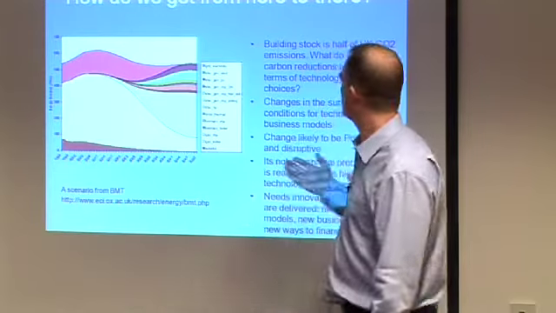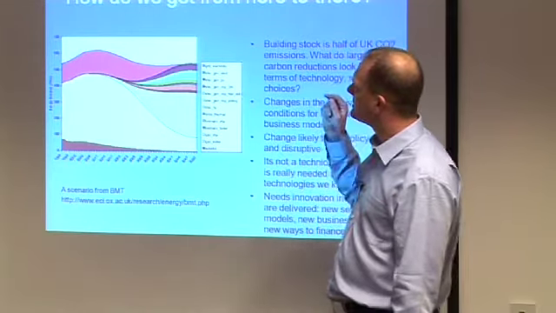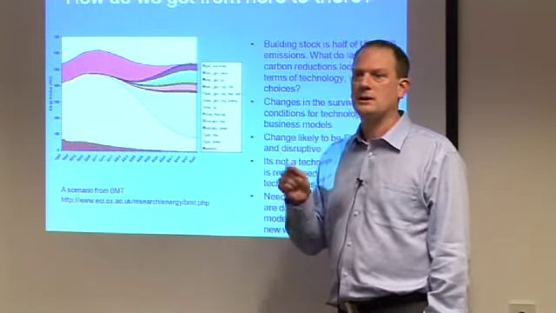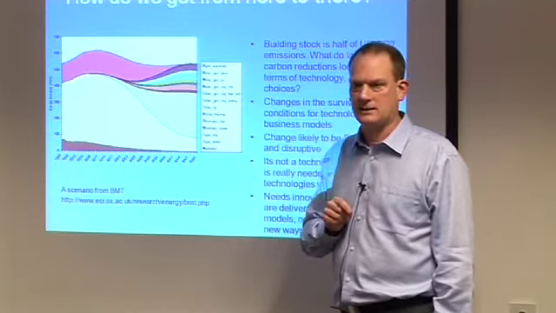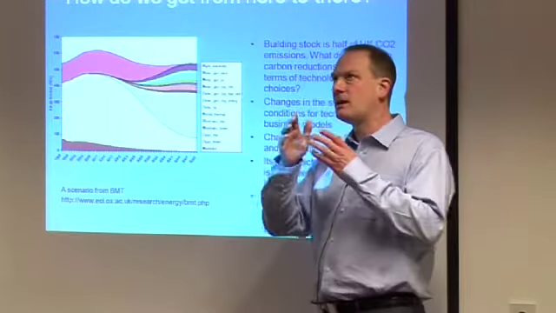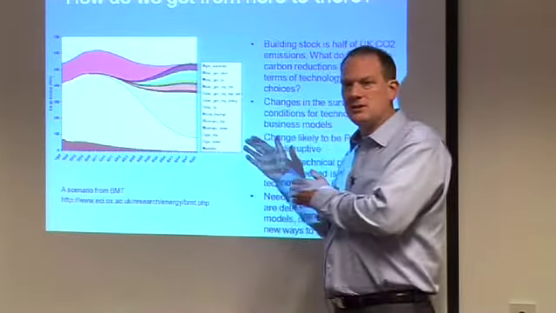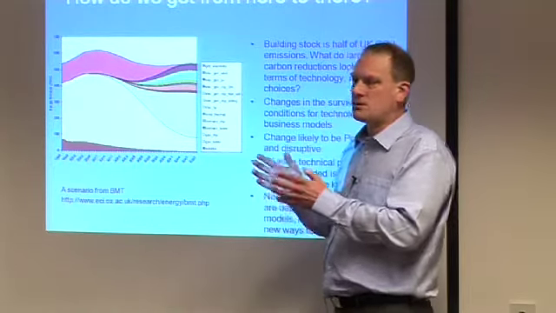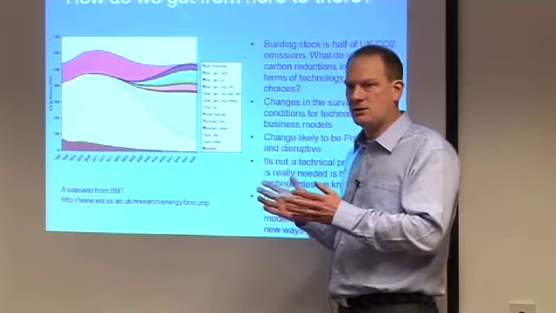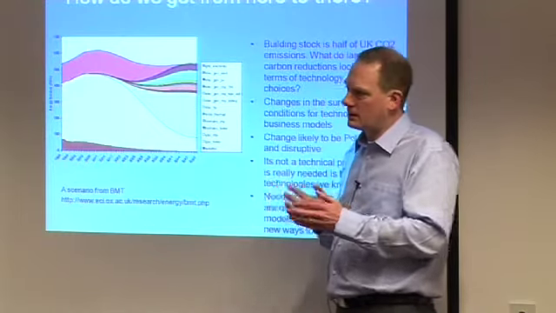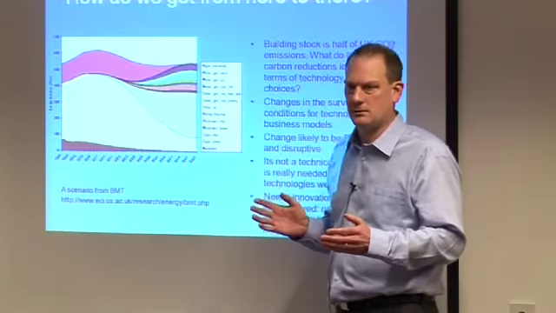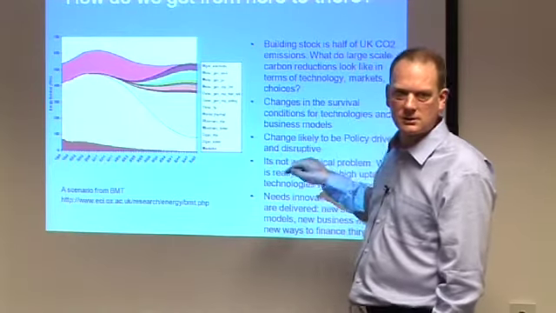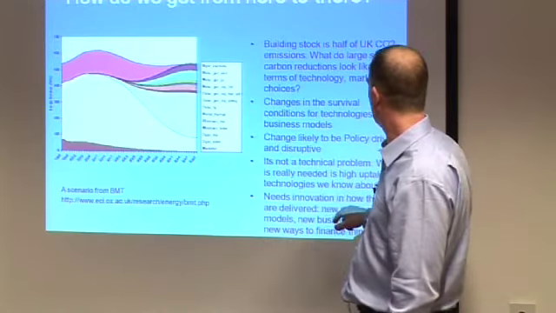A fundamental change in the survival conditions, so that species which did not flourish before now have an advantage they didn't have before, and species which did have an advantage, like British Gas, big flourishing species, don't necessarily have the advantage that they enjoyed previously, and like the dinosaurs, they may die out. So it was the nature of that change in the survival conditions that I'm particularly interested in.